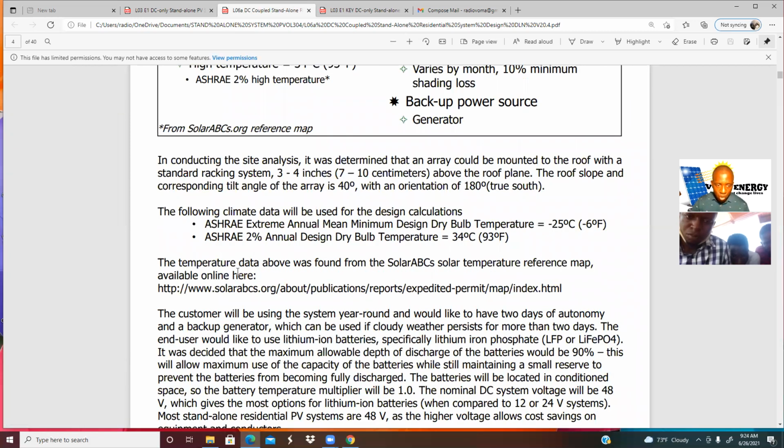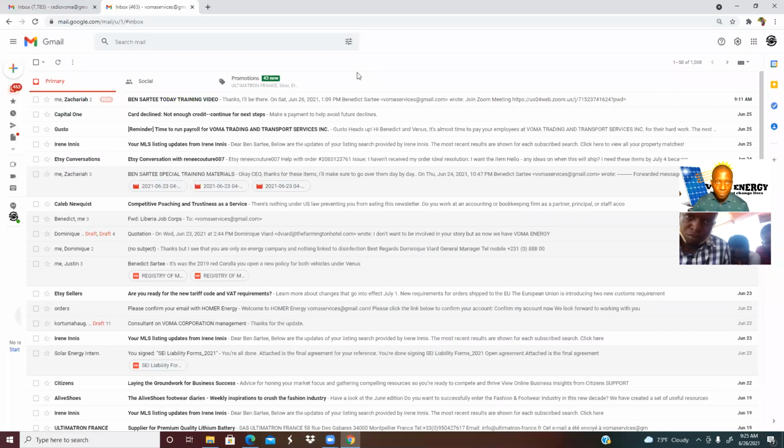So you can go to this area here, www.solarabcs.org, and it will tell you the temperature of the area you are in. So I'm going to go to it right now. Let's do a little practice here.